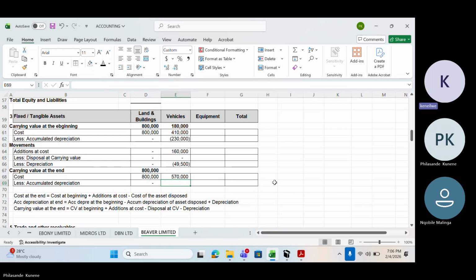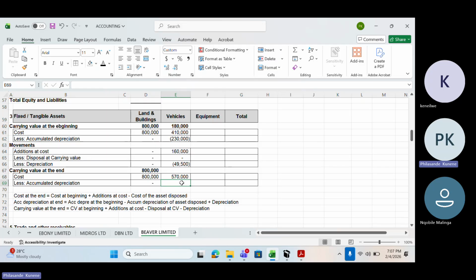You're going to take the accumulated depreciation at the beginning, and then you're going to add depreciation to get accumulated depreciation. Exactly. Accumulated depreciation at the end is equal to accumulated depreciation at the beginning plus the depreciation, because we don't have a disposal. So it's going to be 230,000 plus 49,500.